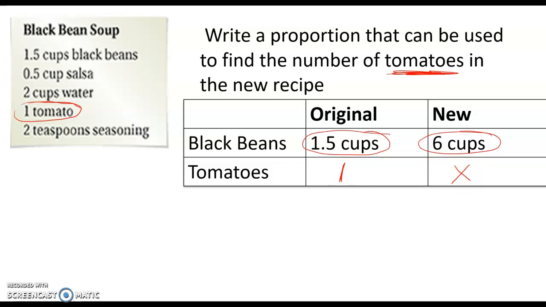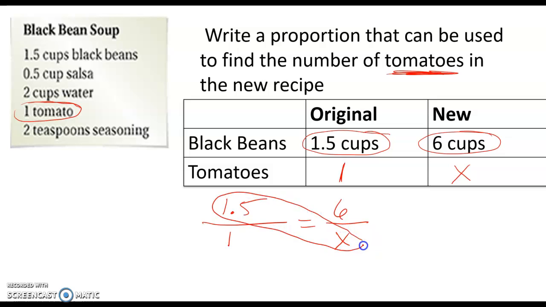So when I set up my proportion, I can do 1.5 cups original black beans to 1 cup of tomatoes for original. And then I can use the 6 cups of black beans to how many tomatoes. So if I do my cross products, that's going to be 1.5x equals, and 1 times 6 is 6. Then we're going to go ahead and divide. So we divide by 1.5.